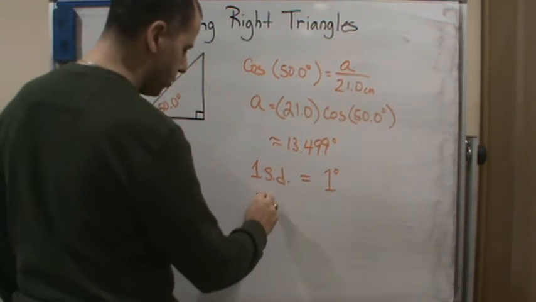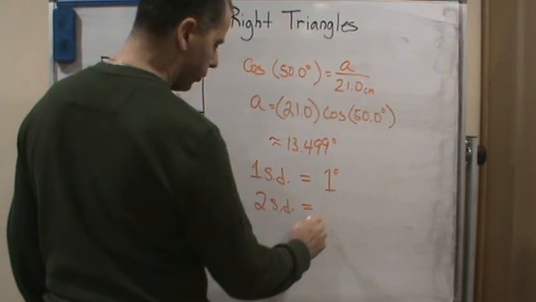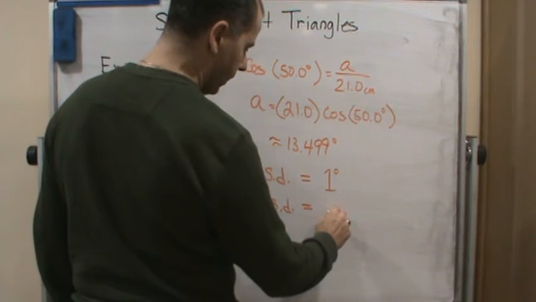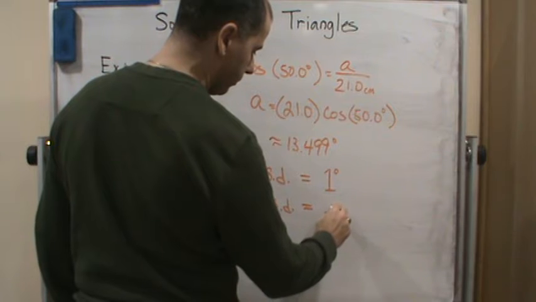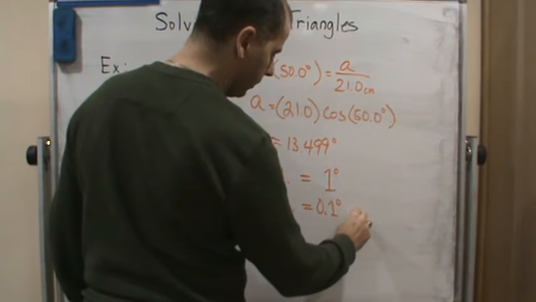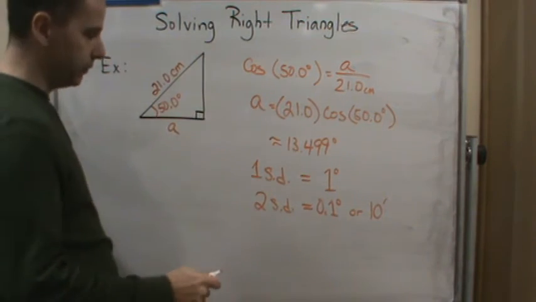If we're dealing with two significant digits, then we round our answer to the nearest tenth of a degree, or to the nearest 10 minutes, which is the same thing.